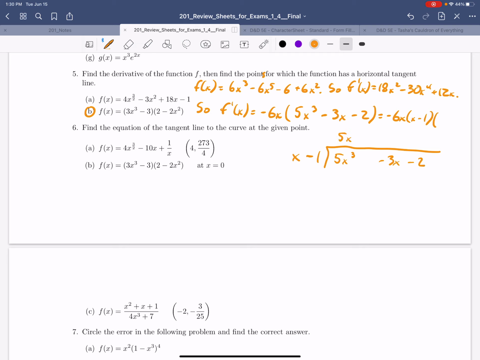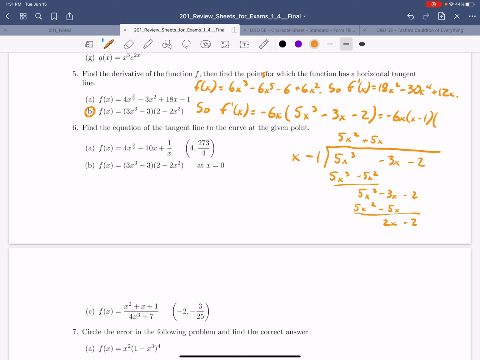So let's see, we're going to get 5x squared, minus 5x squared, 5x squared minus 3x minus 2. And then from there, we're going to get plus 5x. Let's see, that's going to give us 2x minus 2.